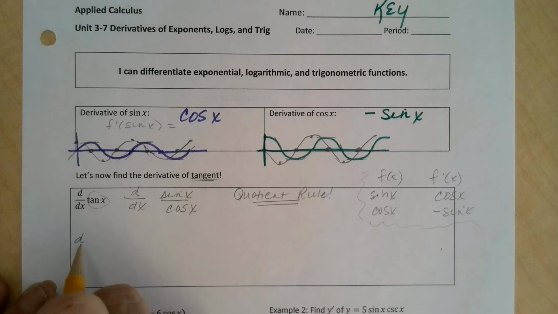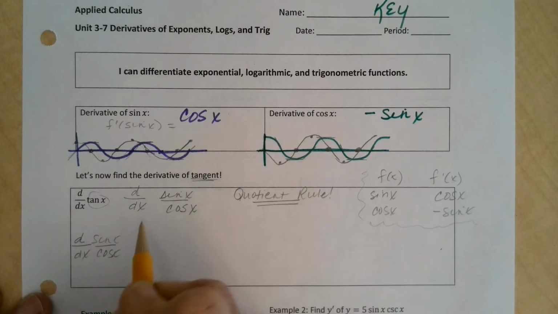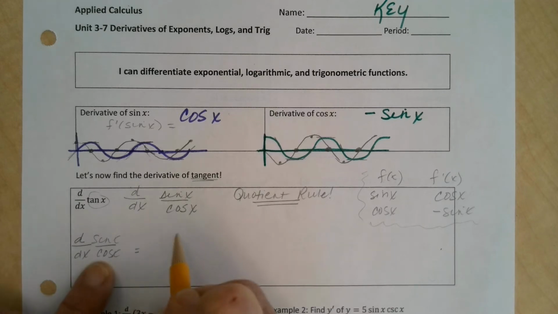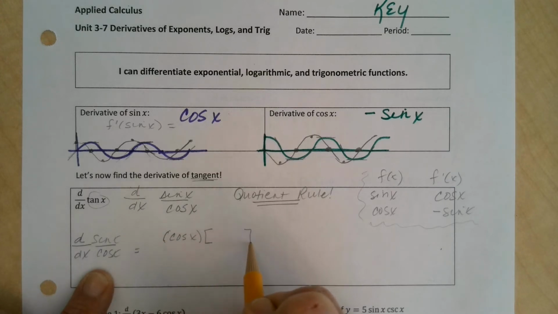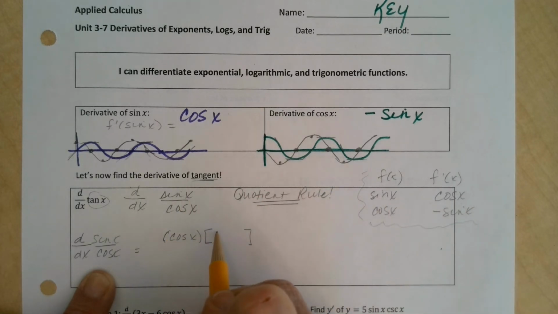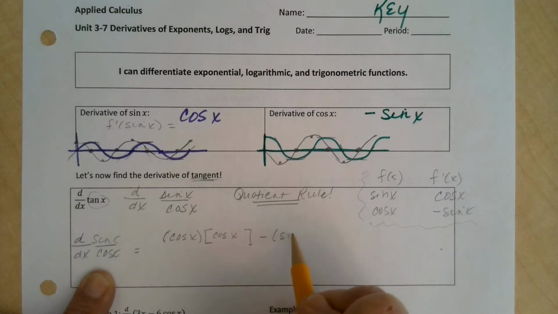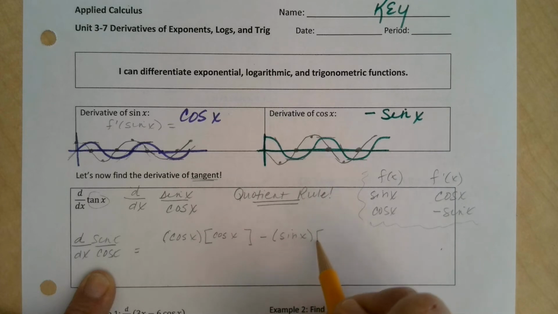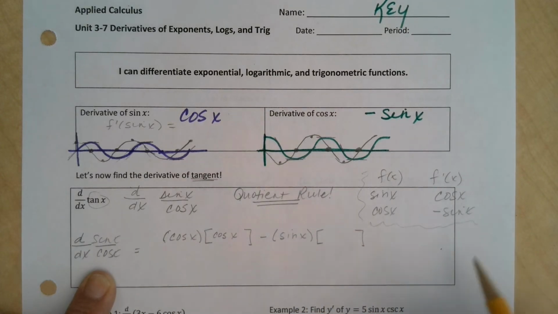So the derivative of sine of x over cosine of x with respect to x is going to be equal to low d high. And what's the derivative of my high? Cosine of x, minus high, d low. What's the derivative of my low?